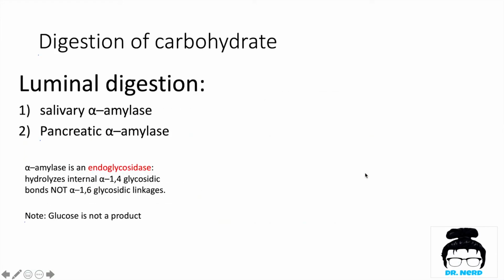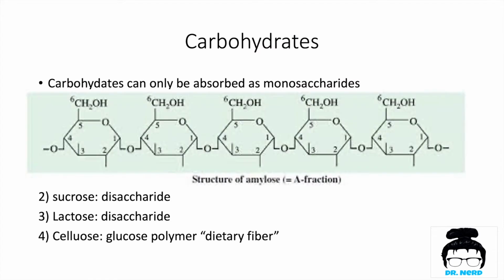And glucose is not a product because we're breaking it down from the inside and not from the beginning or the ends. So, for example, it's going to cut this link and this link and you'll end up with two monomers, or this link and this link and you'll end up with three monomers, like a disaccharide or a trisaccharide.